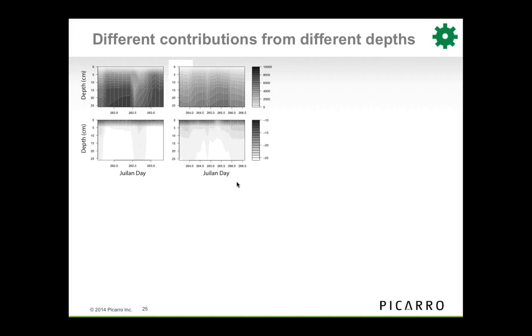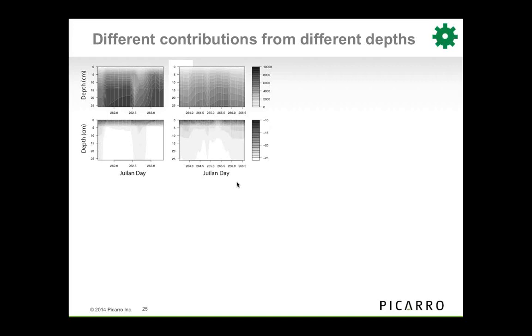These tubes were perforated and covered over with a hydrophobic membrane. We attached the Picarro to one side of the tube and let it draw air out of the tube for about 15 minutes to get a good idea of what the CO2 and the delta 13C ratios were. So what you're seeing on the top plot here is the soil concentration during that study period.